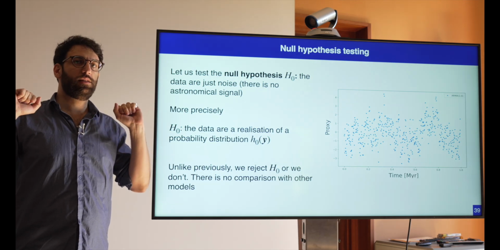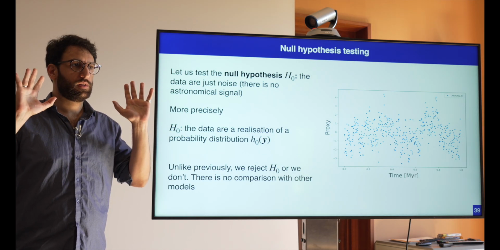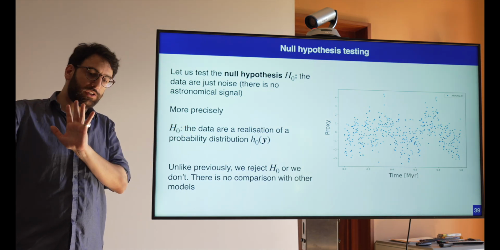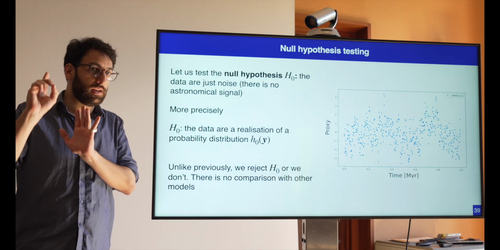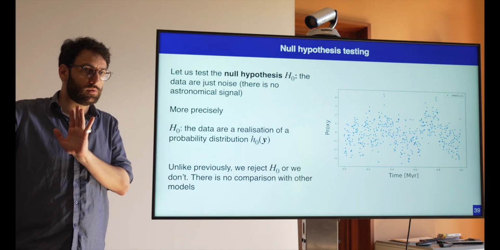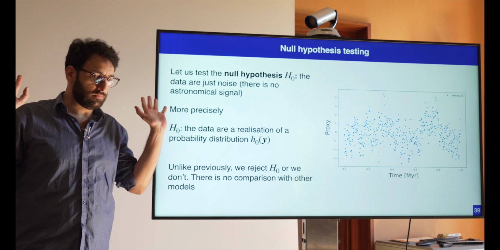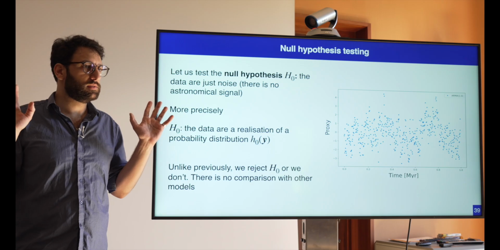I can just say that it is rejected or it is not rejected. So my hypothesis is the data is just noise. I can reject the hypothesis that the data is just noise, but it doesn't mean that I accept that this is an astronomical signal. It's just, this is not noise. Or I don't reject the hypothesis.